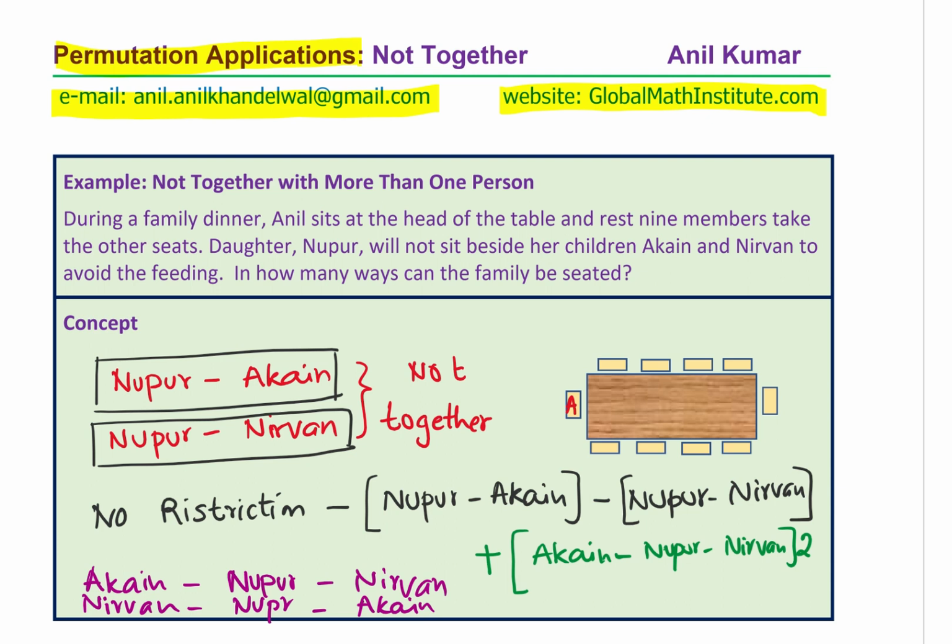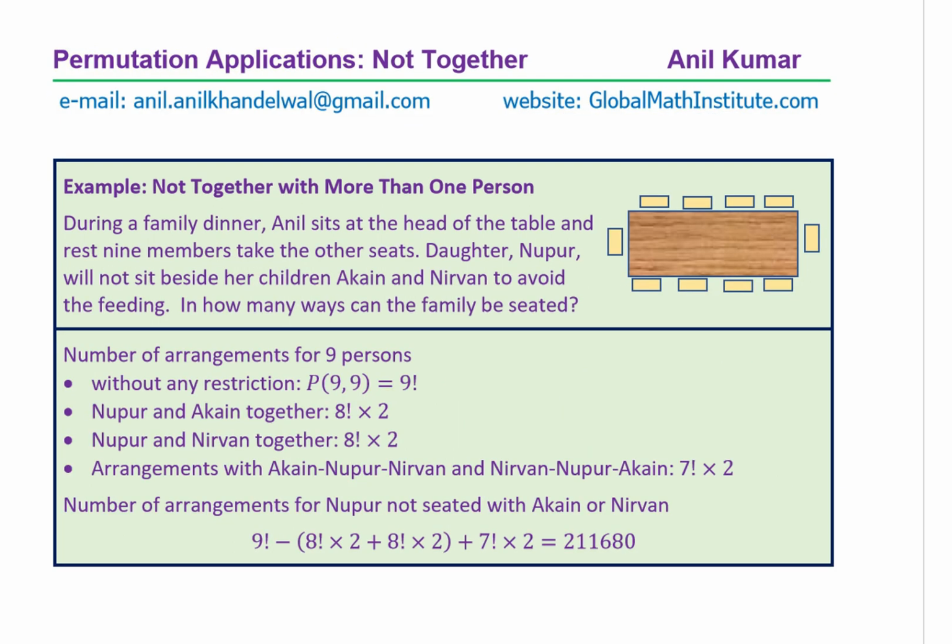Now let us see how we find the number of cases using permutation. So here is the solution for you. We have fixed this position for Anil, and we are looking into the other conditions. First, let us find the number of ways for 9 persons without any restrictions. That will be 9 factorial.